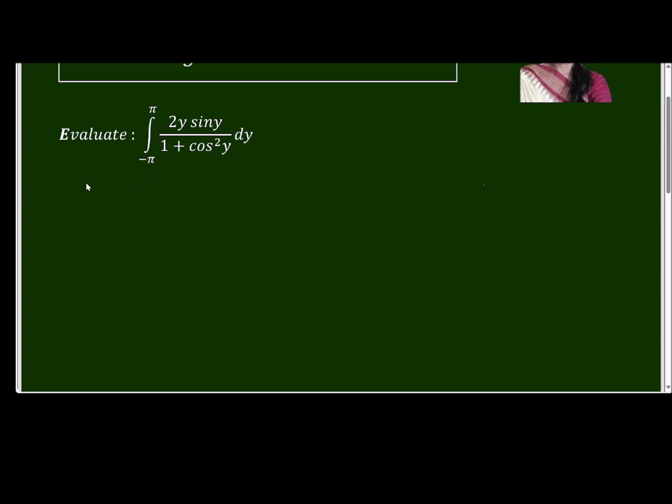We have to integrate. Here we'll use the property that the integral of a function from negative a to positive a, f of x dx, is the same as 2 times the integral from 0 to a of f of x dx if f of x is an even function, and it is 0 if it is an odd function.